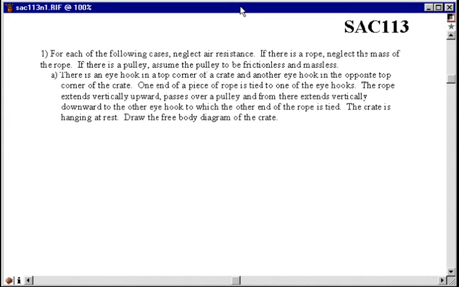In SAC 113, problem number 1, we're asked to draw a bunch of free body diagrams. In the first case, we've got a crate with an eye hook in opposite top corners. Let's go ahead and draw the crate.